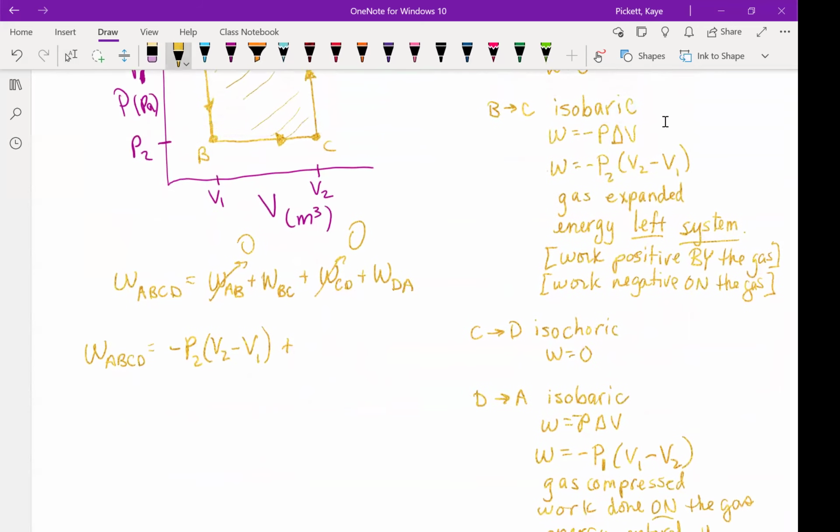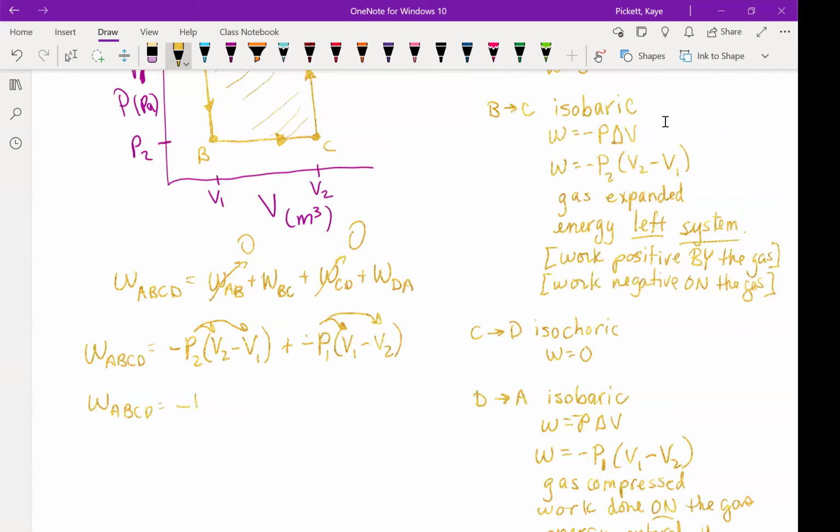Plus negative P1 times V1 minus V2. Okay, a little bit happier now. All right, let's go ahead and distribute some negative signs here.